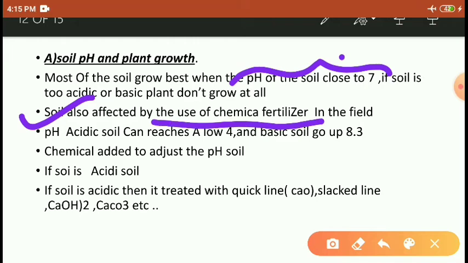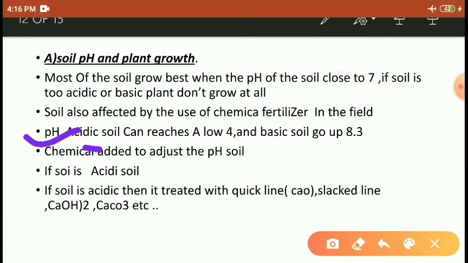In our fields, if you use excess chemical fertilizers, as people nowadays do to get more product easily from the agricultural field, those chemical fertilizers decrease the fertility of the soil. When fertility of the soil decreases, it may become acidic or it may become basic. Right, students?